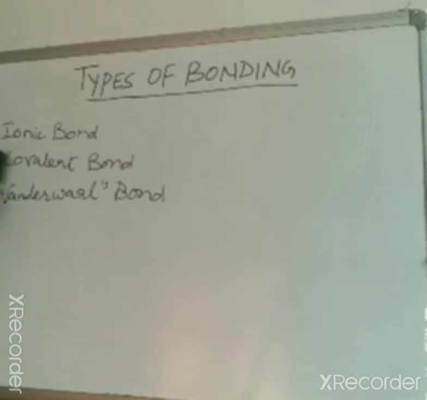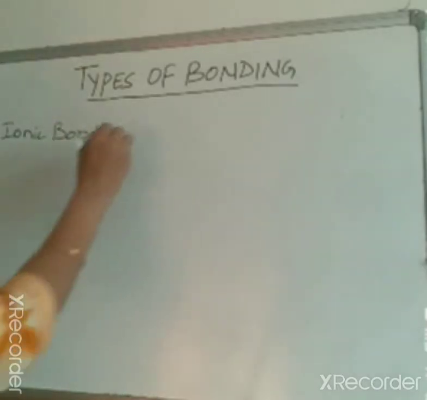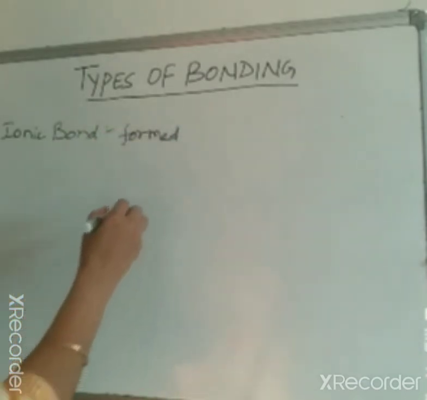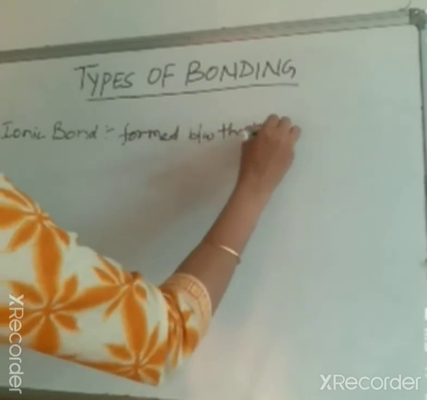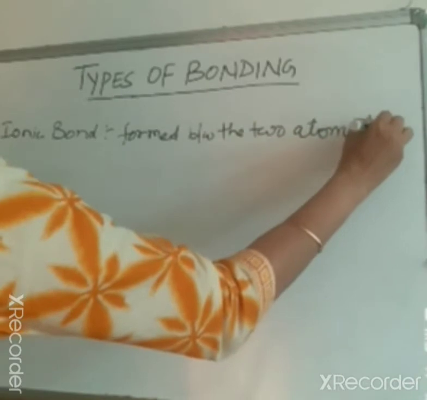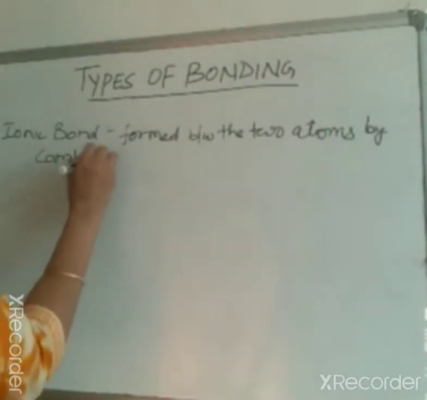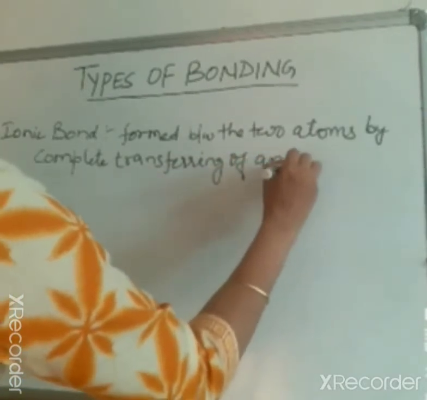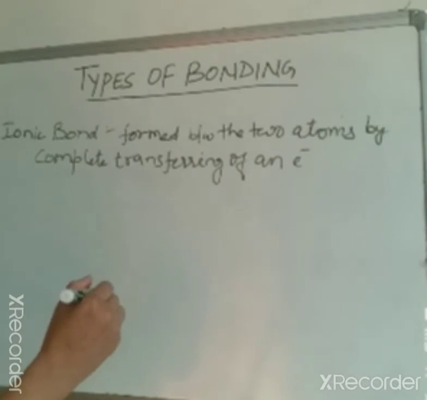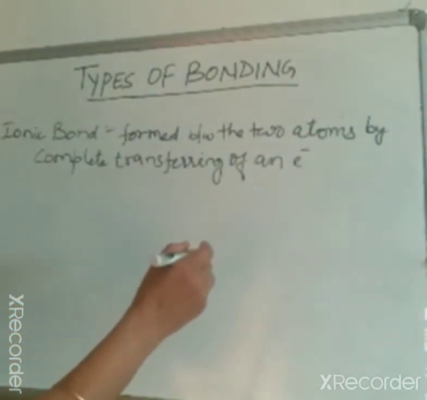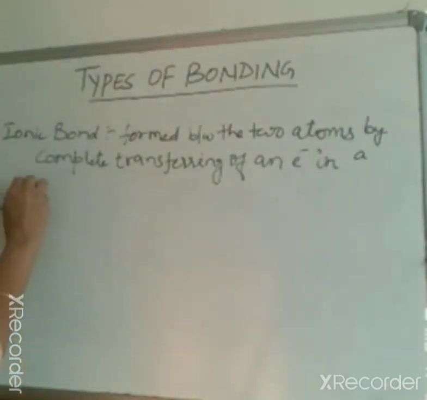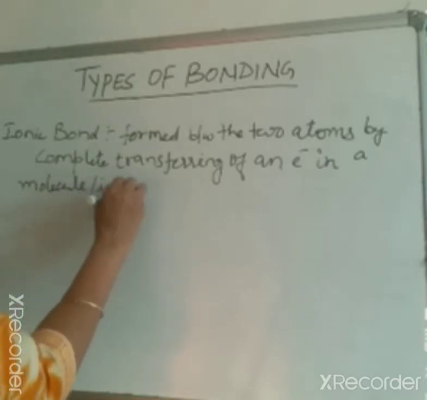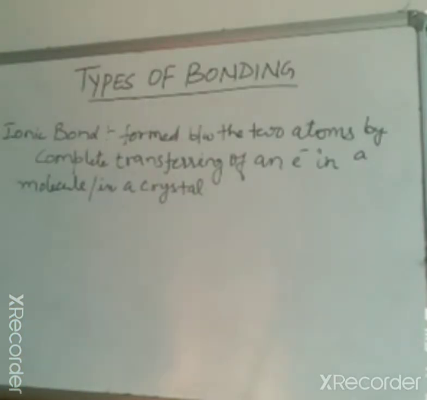What is an ionic bond? Ionic bonds are the bonds formed between two atoms by complete transferring of an electron in a molecule or in a crystal.